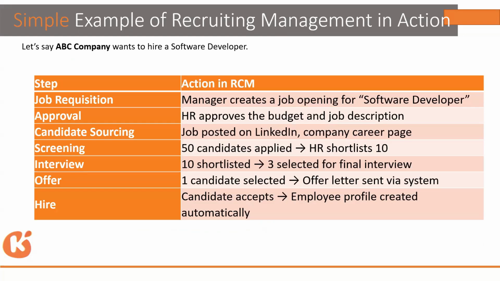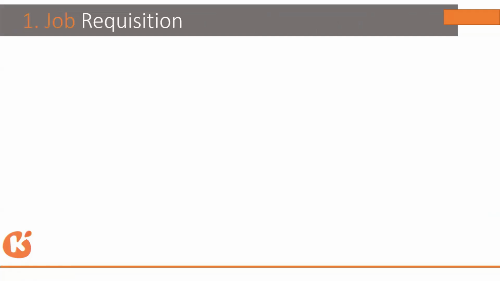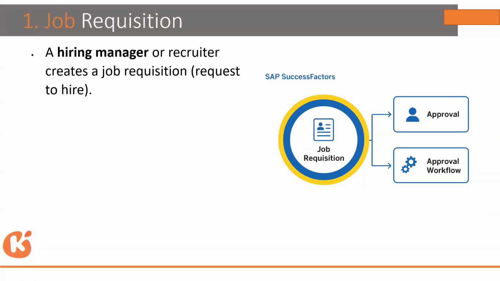All right, fine. Let's also understand the end-to-end process of a recruitment, what you just said. So here you will see the end-to-end process. It's basically the job requisition. Whoever is the concerned person will raise a request for the job.